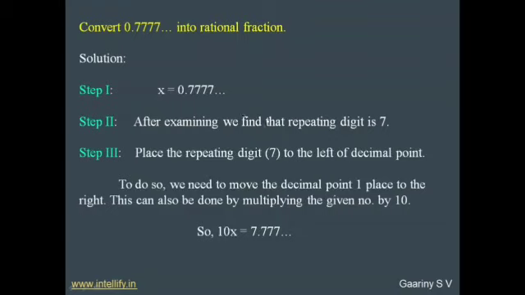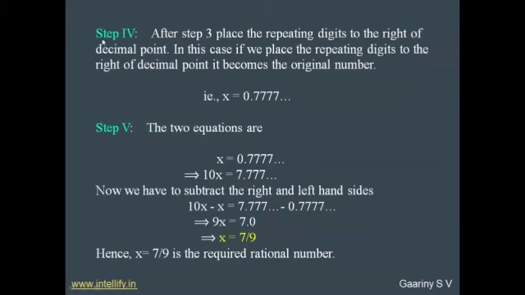So 10x is equal to 7.777 etc. The next one, step 4, is after step 3, you have to place the repeating digit to the right of the decimal point. In this case, if we place the repeating digit to the right of the decimal point, again we get the original number. That is, we have the same value as x. So we are writing it as x is equal to 0.777 etc.